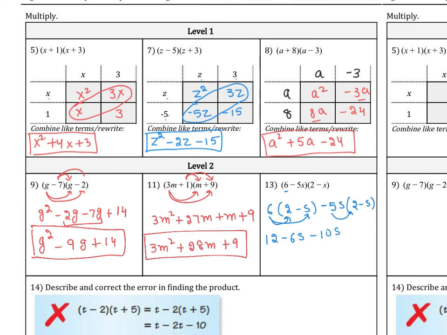Negative 10s, 5s times negative s is going to be positive 5s squared. This is the highest degree term, comes in the front. Combine these two, you get negative 16s, and then the constant, that is 12 at the end. 5s squared minus 16s plus 12.